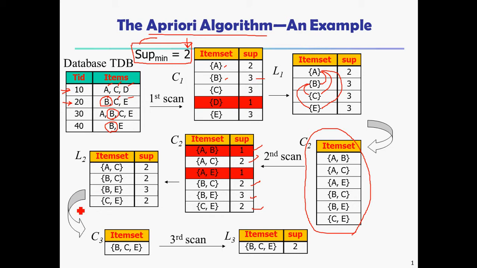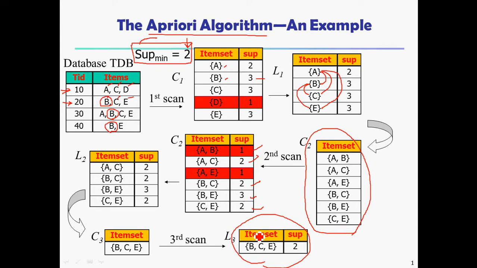We keep doing this until we find, for example, this, which means that B, C, and E all together occur at least 2 times. All right? This is possible data mining of association rules. What is the application of this?